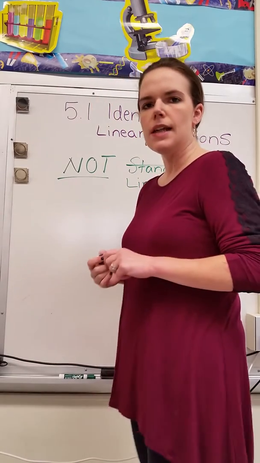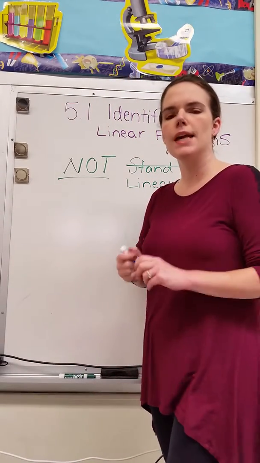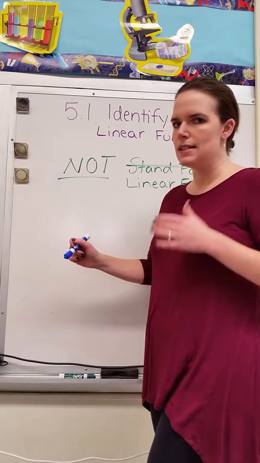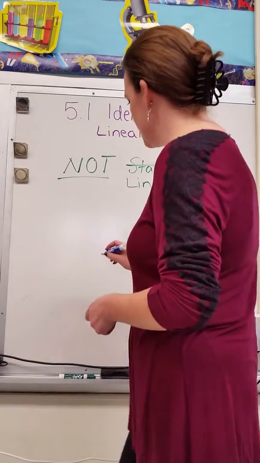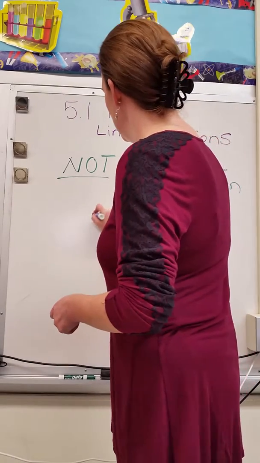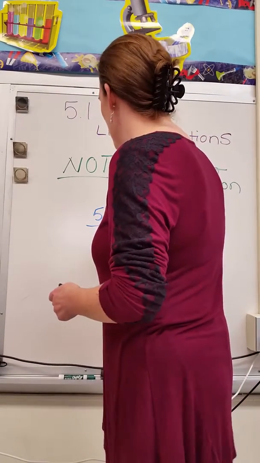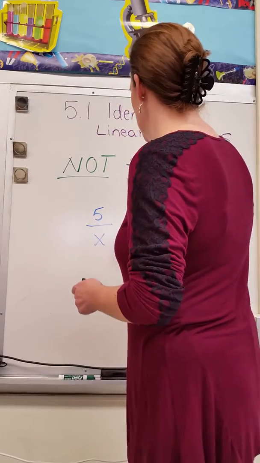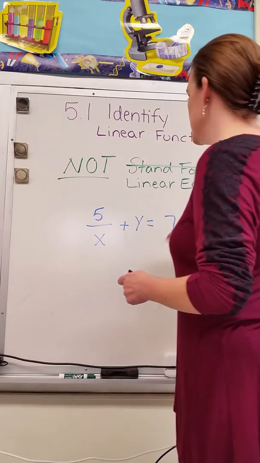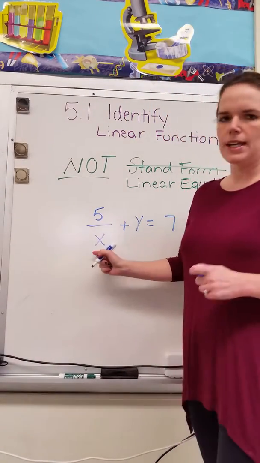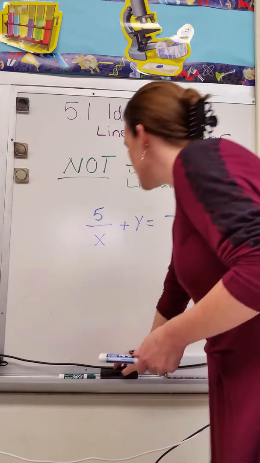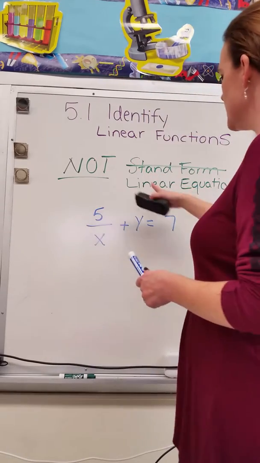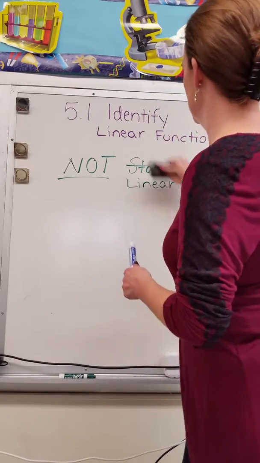The other thing that isn't allowed in a linear equation is having the x or the y in the denominator. So if you had something like 5 over x plus y equals 7, you're not allowed to have any x's or y's in the denominator. So you know something is not a linear equation.